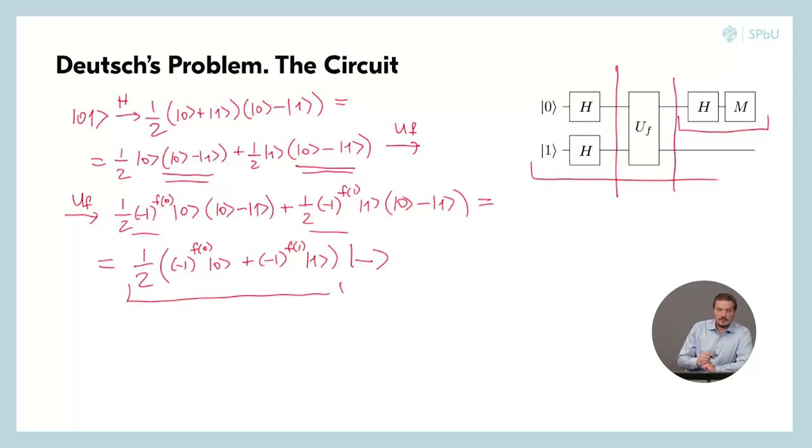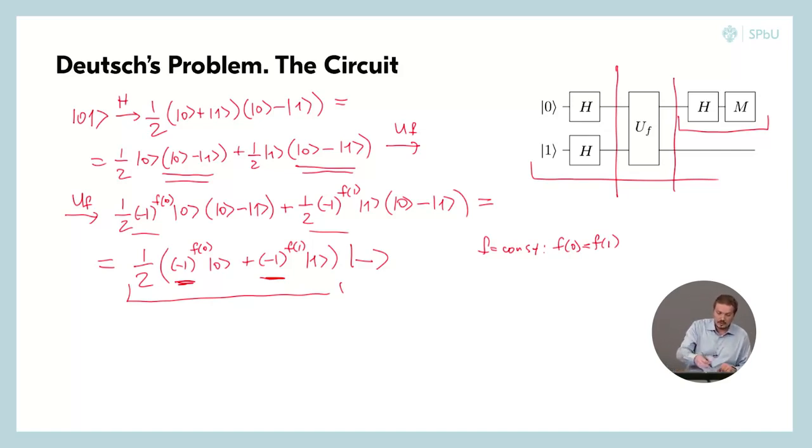Okay, imagine that f of x is a constant. Then these powers of minus 1 here are equal. F of 0 equals f of 1. And we can put it away from this scope.